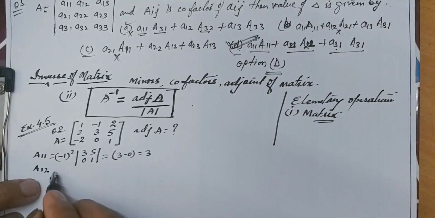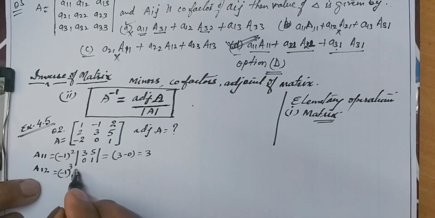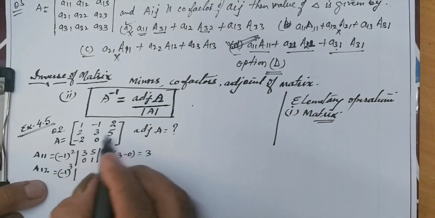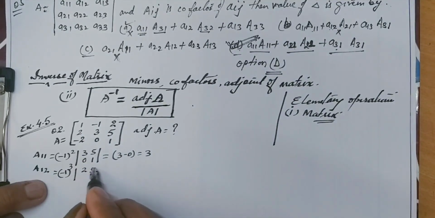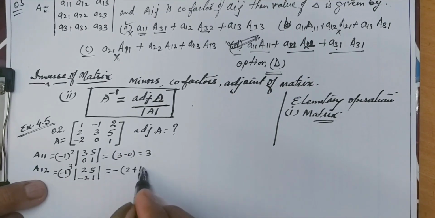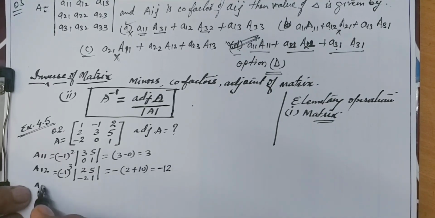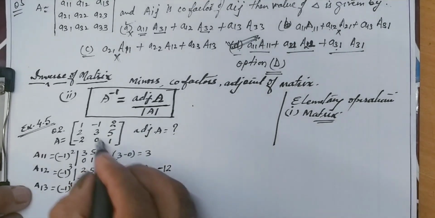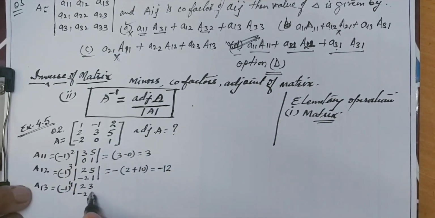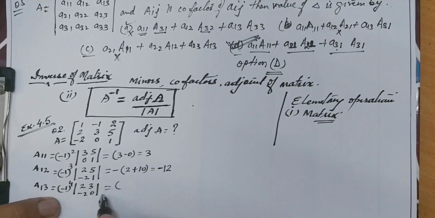A12, this middle element, minus 1 to the power 3, leaving this way, 2 5, minus 2 1, which is equal to minus 2 plus 10, which is equal to minus 12. A13, minus 1 to the power 4, leaving this way, 2 3, minus 2 0, which is equal to 2 into 0 is 0, and minus 3 times minus 2 is plus 6, which is equal to 6.